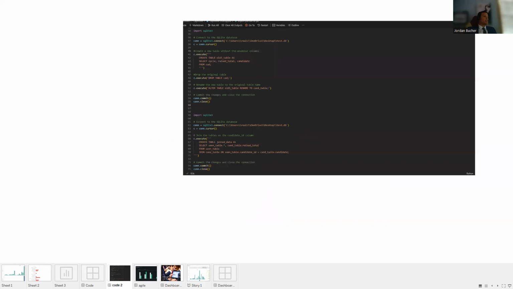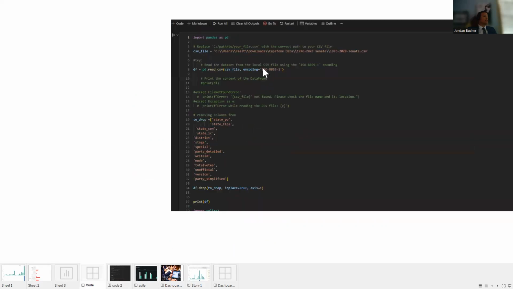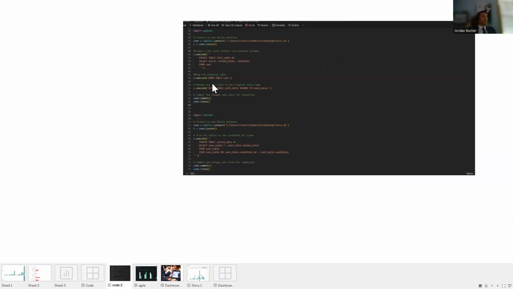Back to the code here. Initially, you see I loaded it with Pandas into the data frame and used that to go through and remove certain headers. I didn't end up using that method. I actually used the SQL method to just create the tables based off what I needed to be in each table before I joined them together.